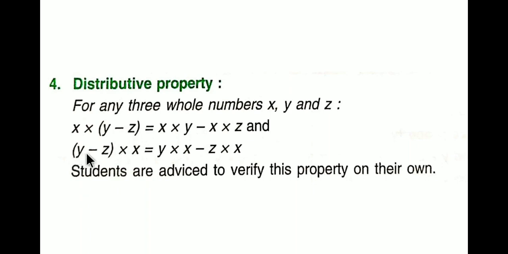Or if you distribute y minus z with x, here we are getting y times x and z times x. Both the values are supposed to be the same, so you can apply your own mathematical examples and try whether the distributive property is getting fulfilled or not.